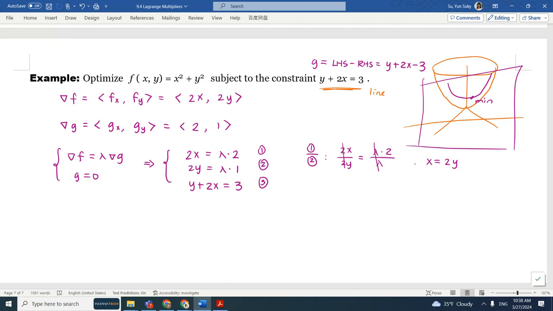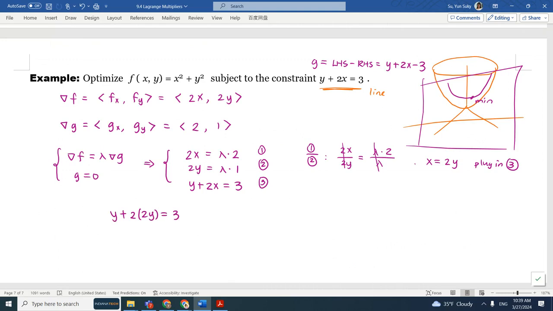Great. We can then plug into equation 3. Or you can replace x by 2y. So you have y plus 2 times 2y equals 3.